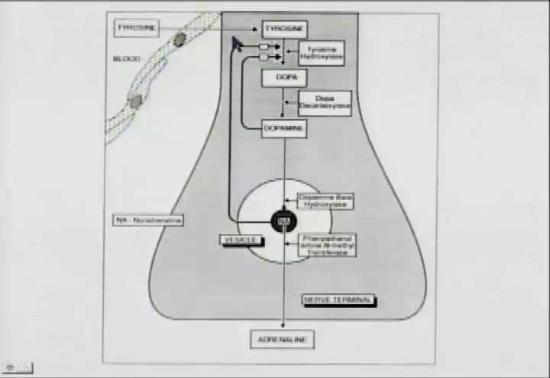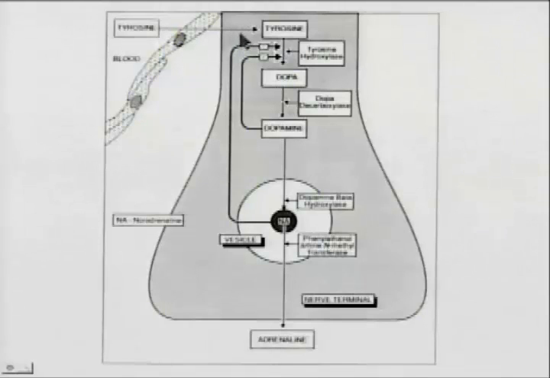Remember the amine precursor uptake and decarboxylase system, the APUD system, common embryological development. Well, it's thought that the uptake for the precursor is a separate one from just the general uptake of tyrosine as an amino acid to be used in protein synthesis in general.